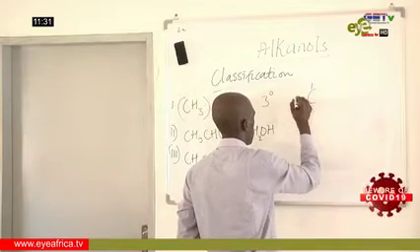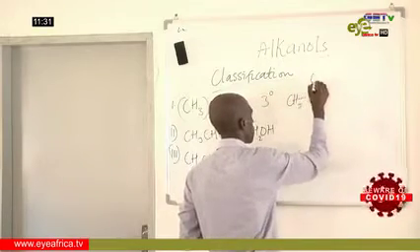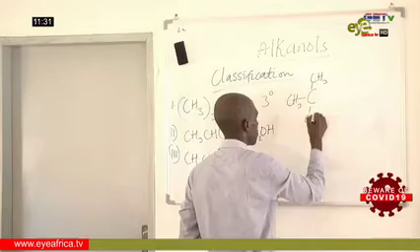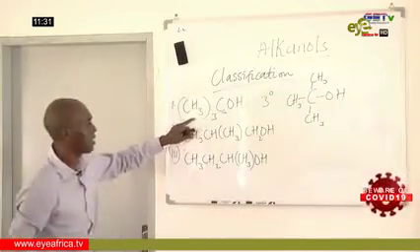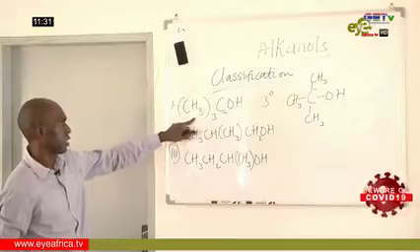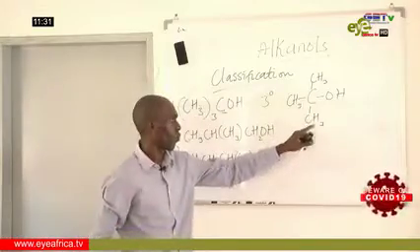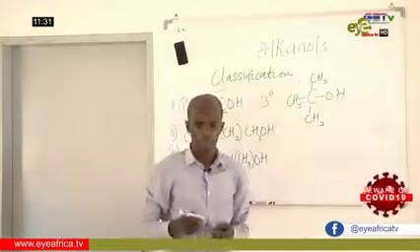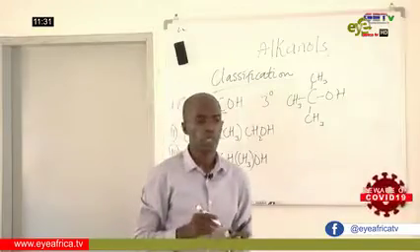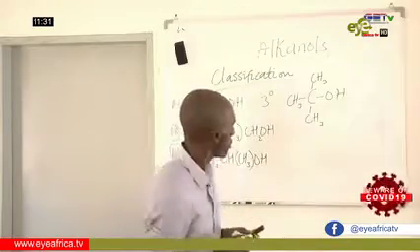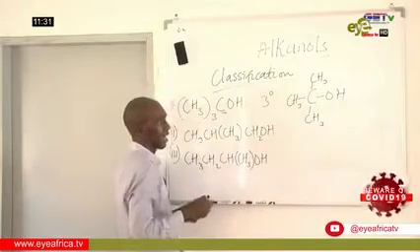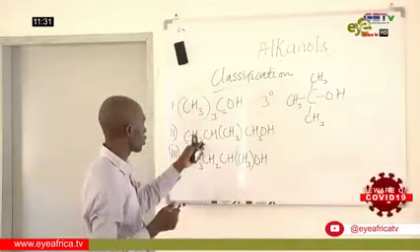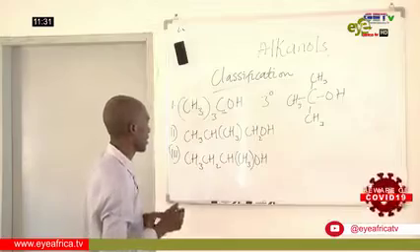We can break things down. Then OH. So these were the three methyl groups that were in parentheses. So you have 1, 2, 3. Each of these methyl groups is referred to as an R group because it's an alkyl group. So the first one is classified as a tertiary alcohol.